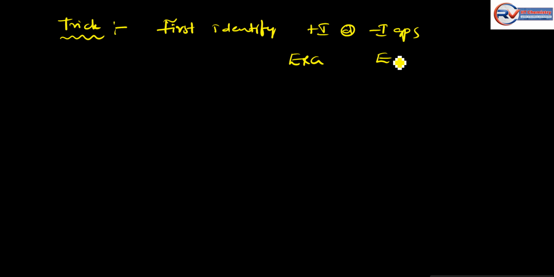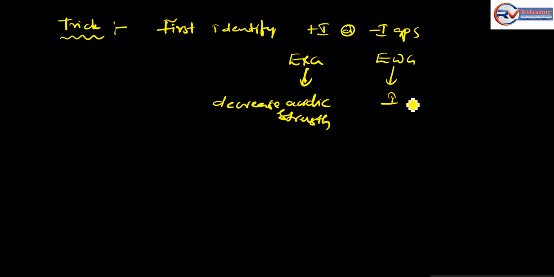Negative inductive effect is an electron withdrawing group. Electron releasing groups decrease the acidic strength. Electron withdrawing groups increase the acidic strength. This is the first one.